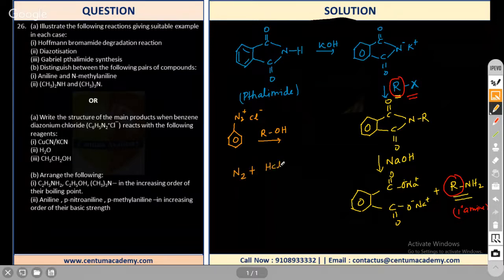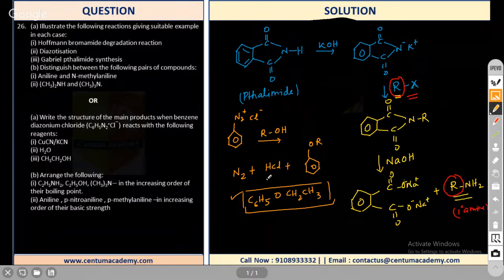HCl also forms, and with this benzene, the OR group will attach like this. So the product in this reaction will be C6H5OCH2CH3. This is the product we get in the last reaction. Correct.